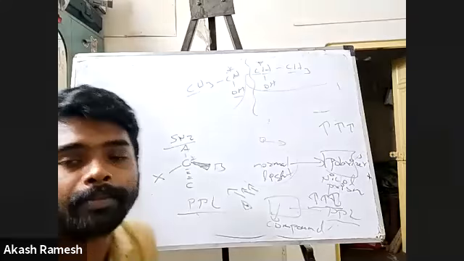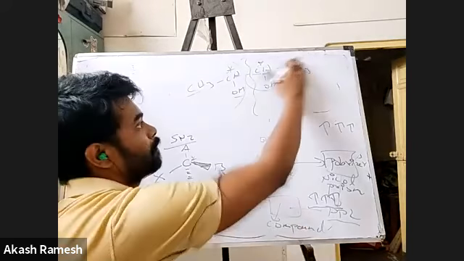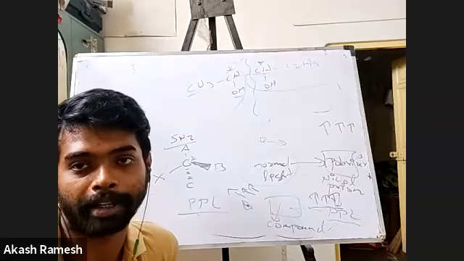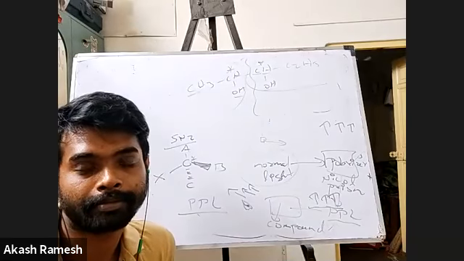Which means if the compound contains two chiral carbons, then it is not optically active? Not exactly. You cannot conclude that. For example, if instead of this I had a C2H5, CH2CH3, then it is optically active. So it only depends on the plane of symmetry and not on the number of chiral carbons.